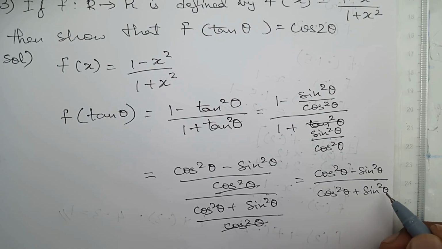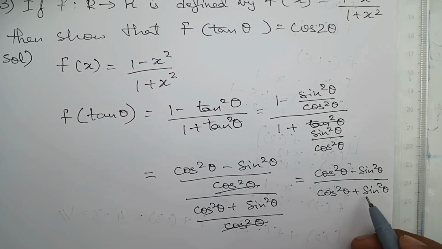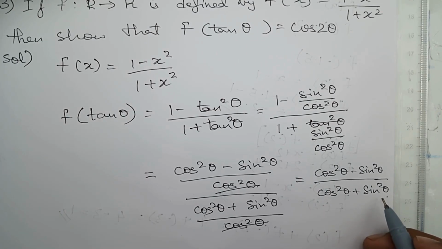Okay, now as we know, cos square theta plus sine square theta is equal to 1.